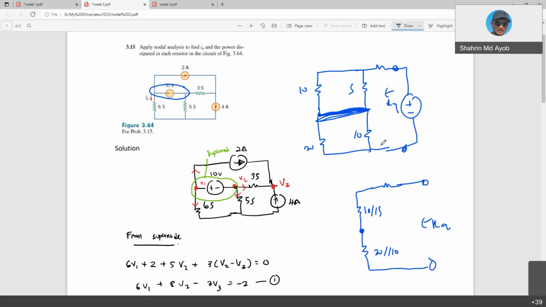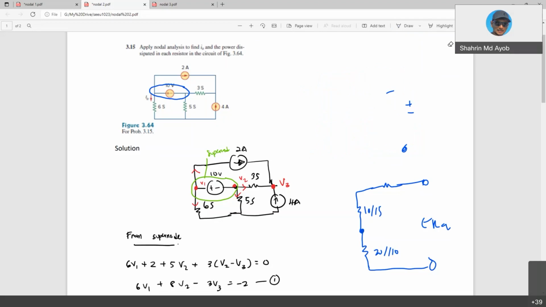Another example is the way the circuit is drawn, which might confuse you. For example, like this.